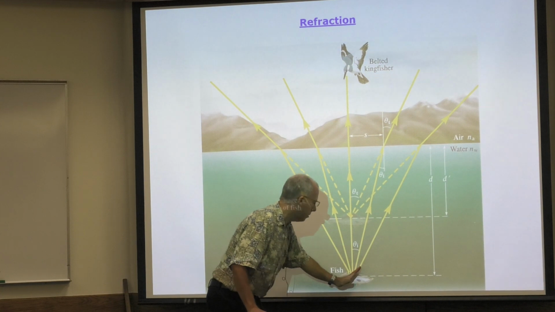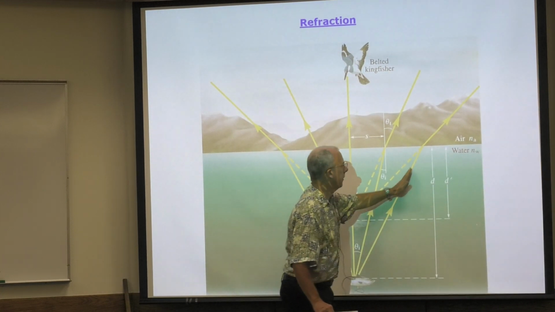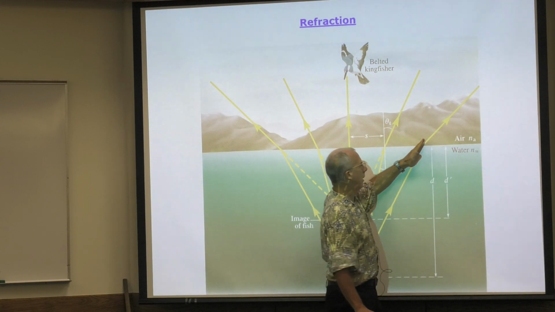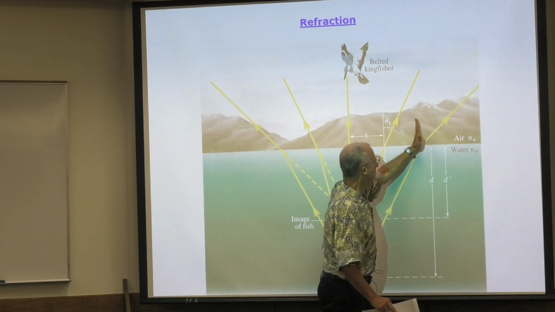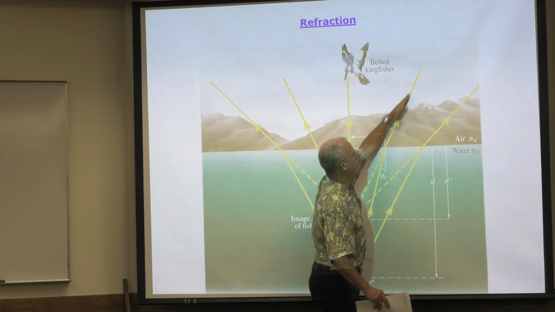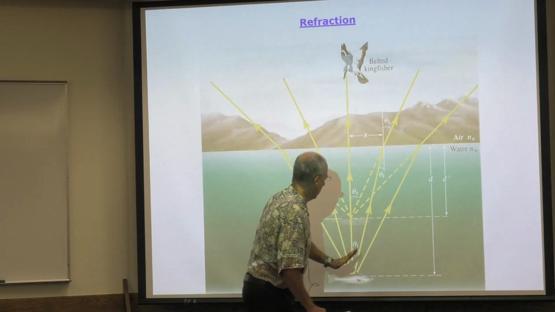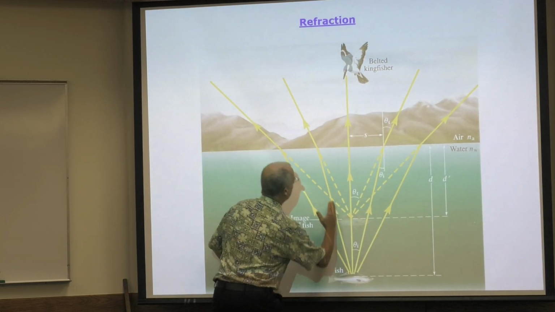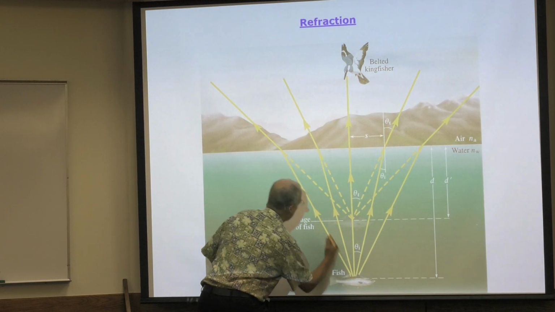So watch. This ray of light hits the air, and as we just saw a minute ago, it bends away from the normal, right? Here's the normal, bends away from the normal. This one, similarly, bends away from the normal. This one just goes straight up, right? That's the normal. This one bends away from the normal. This one bends away from the normal.